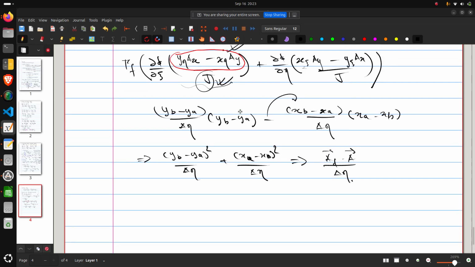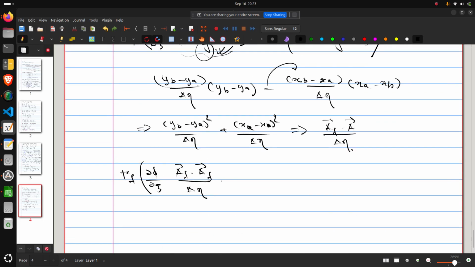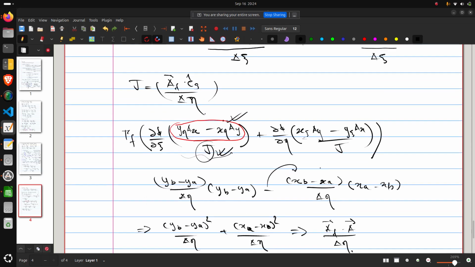So finally, if we just assemble all of them together, it will be gamma f dou phi dou psi, it will be Af times Af by delta eta. And what was the Jacobian? Jacobian was Af times e cap psi by delta eta. So delta eta by Af times e cap psi. This will get cancelled out, and this is the other term.